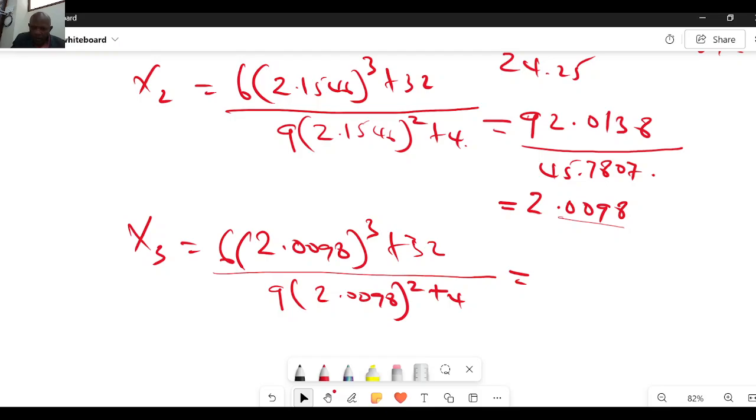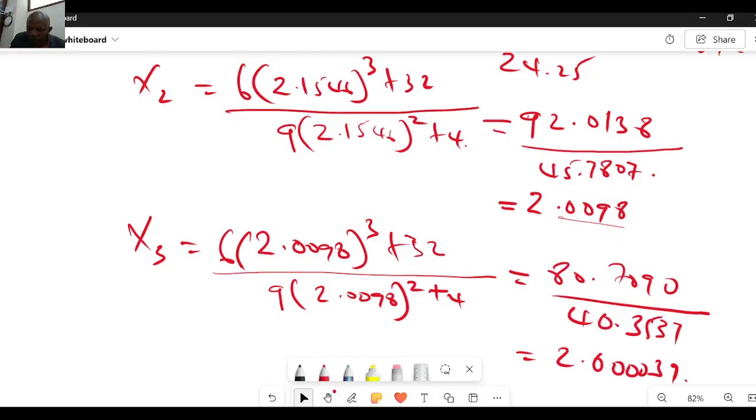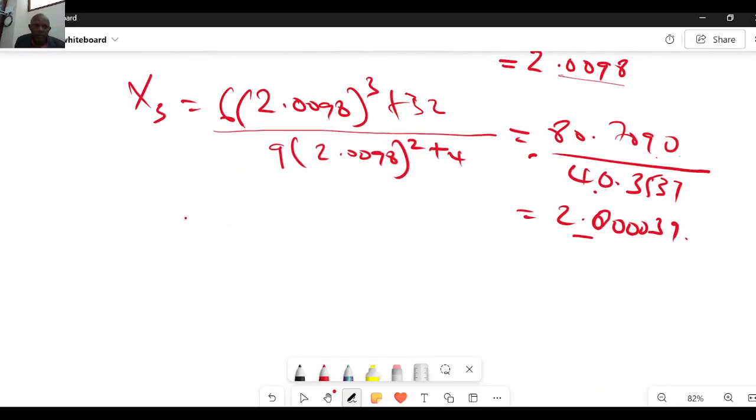So we get the value 80.7090 over 40.3537, and the approximate value there is 2.00039. Now that means that our x4 will be approximately 2.